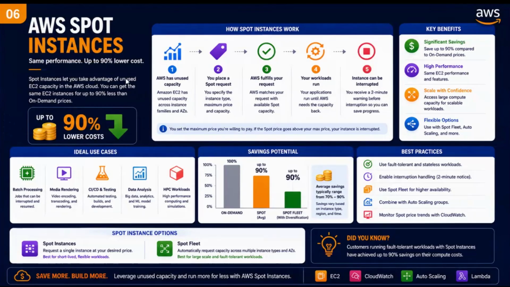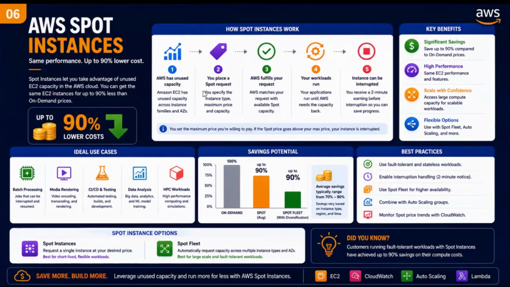When AWS sells the capacity in the spot market, you as a user can use it. So how does a Spot Instance work? First of all, AWS has unused capacity.